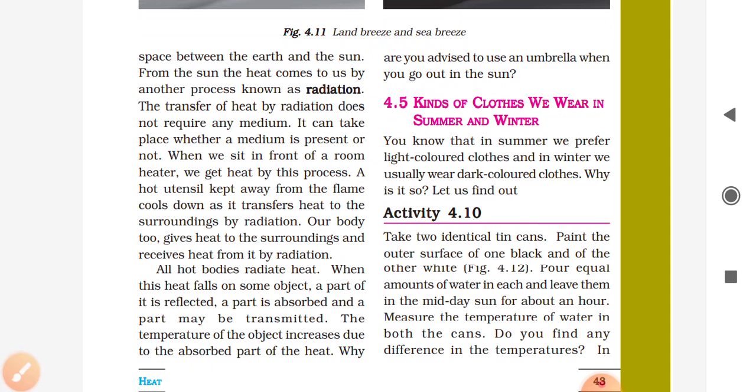So I hope you understand this topic also. Now, kinds of clothes we wear in summer and winter. So students, we understood in the previous topic what kind of clothes are made from fiber to fabric, why we wear cotton clothes in summer, why we are not wearing cotton clothes in the winter, and why woolen clothes are worn in the winter.